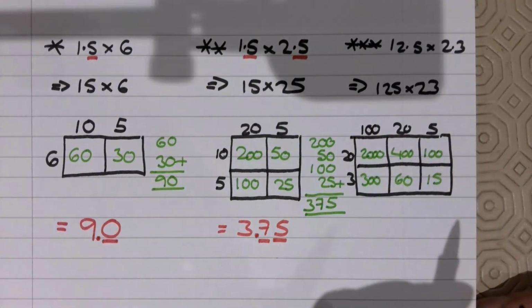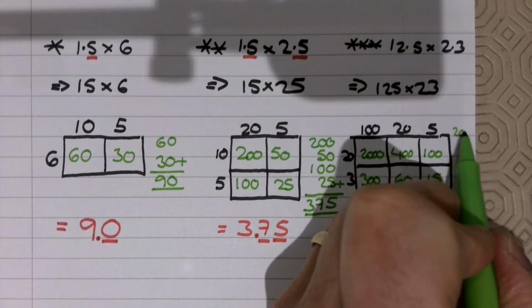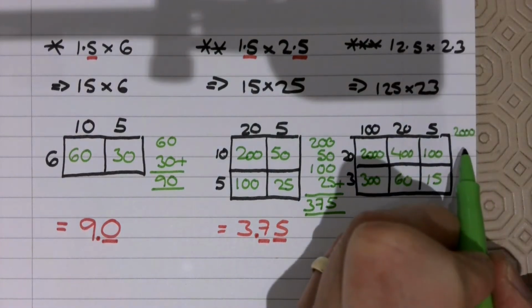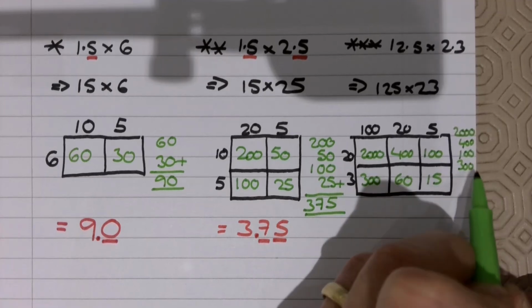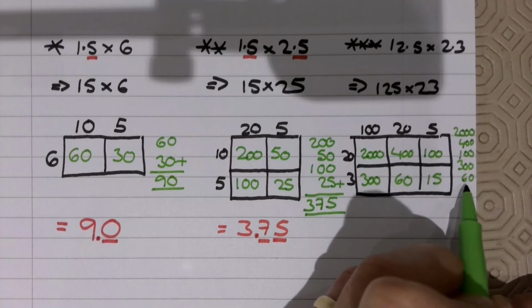Now, of course, we need to add up all the numbers. So 2,000, 400, 100, 300, 60 and 15.